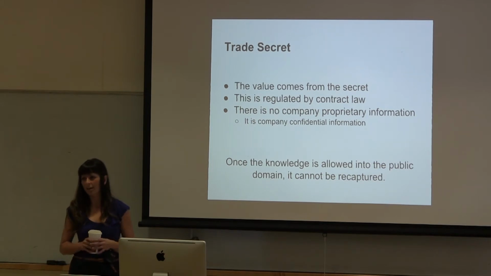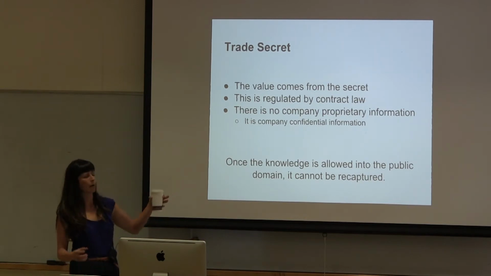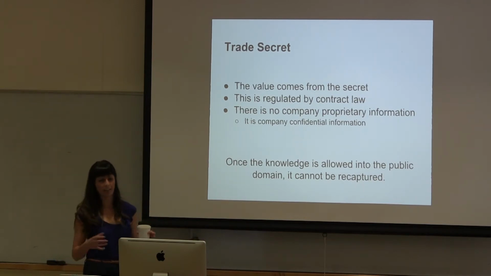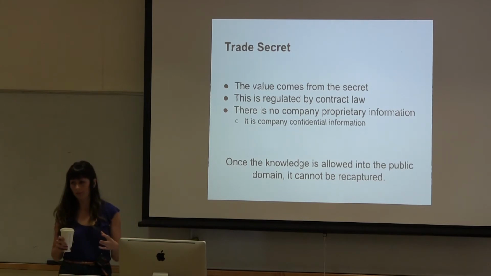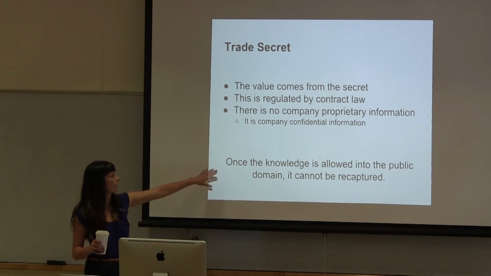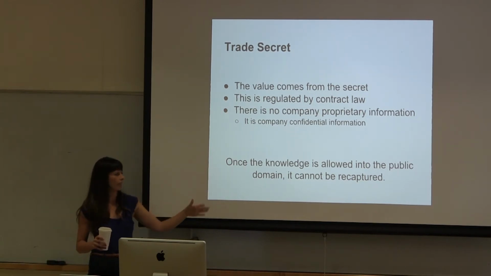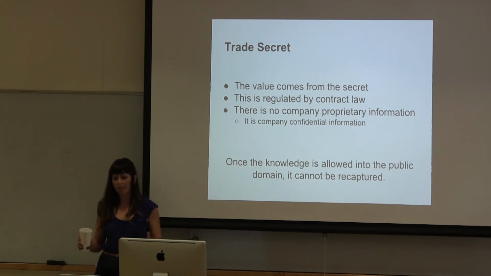You usually see it in non-disclosure agreements, which someday you might run into. But it's not the company proprietary information that's being protected. It's the confidential information within the company that's being protected. But it's not definite. So once this knowledge is in the public domain, you can't get it again. Once it's out there, it's done.